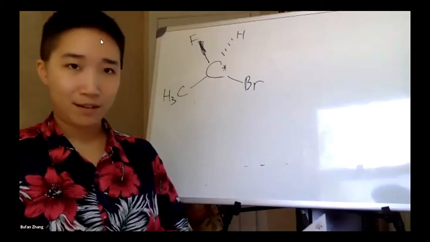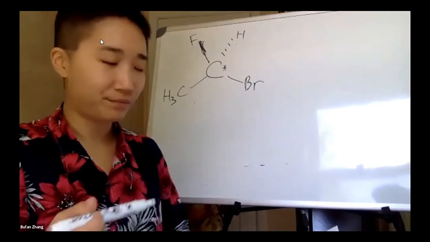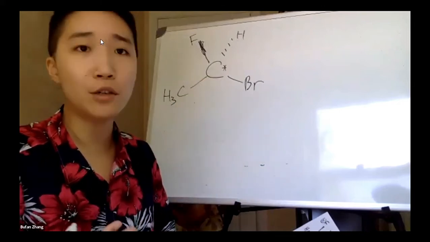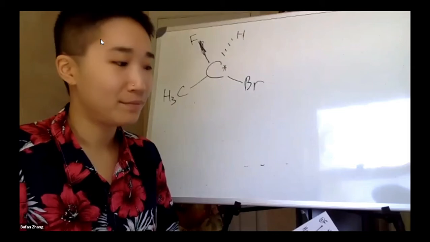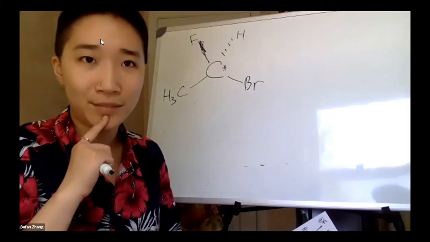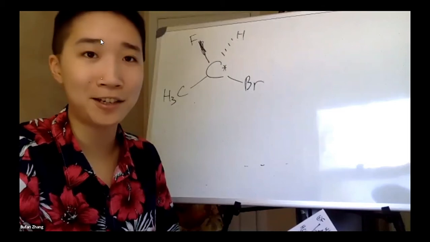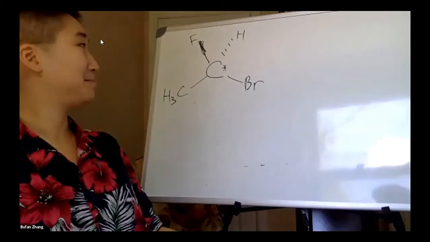So when we're ranking, we don't rank the carbon. Step number 2 is to rank those 4 things on the carbon center based on the rules that we just practiced, which is higher atomic weight, higher priority. So how do we rank those? Who gets the highest priority? Bromine. The bromine is number 1.